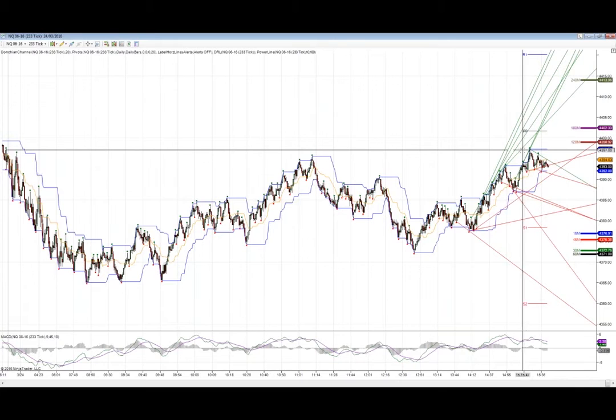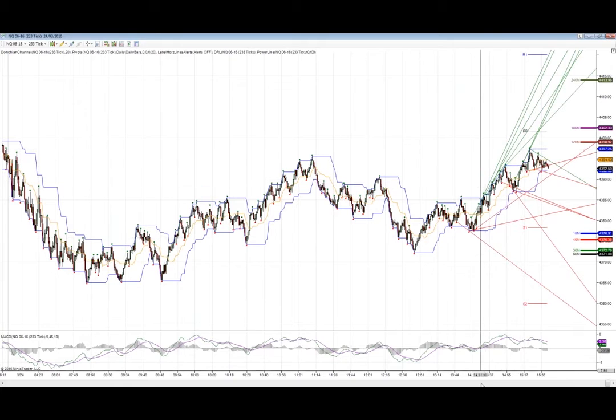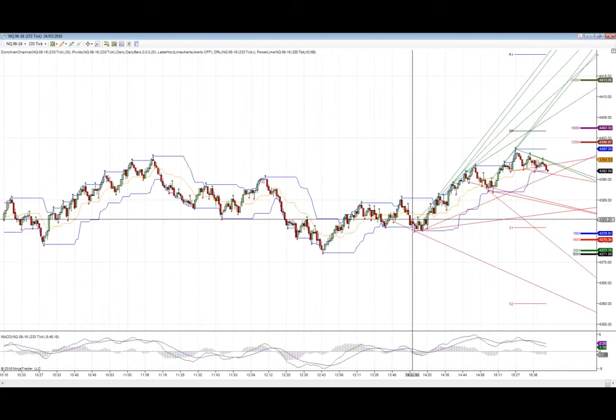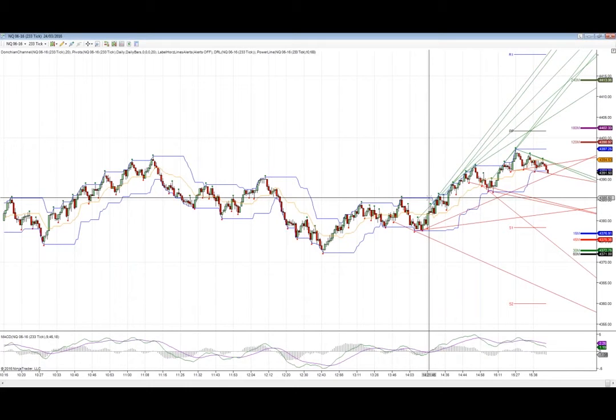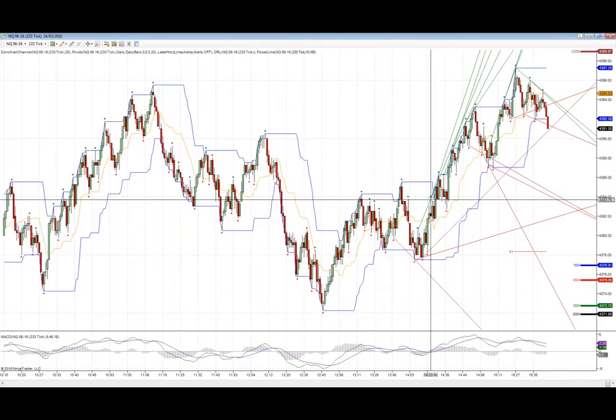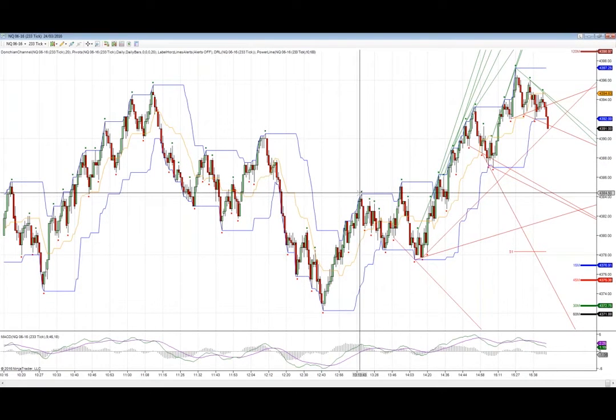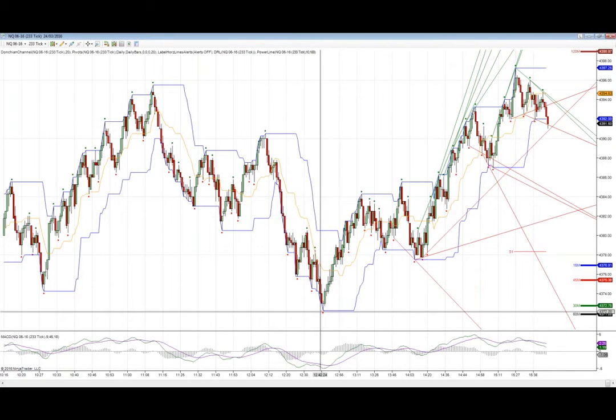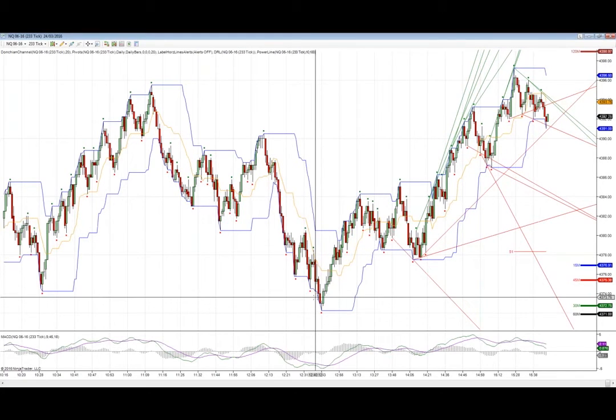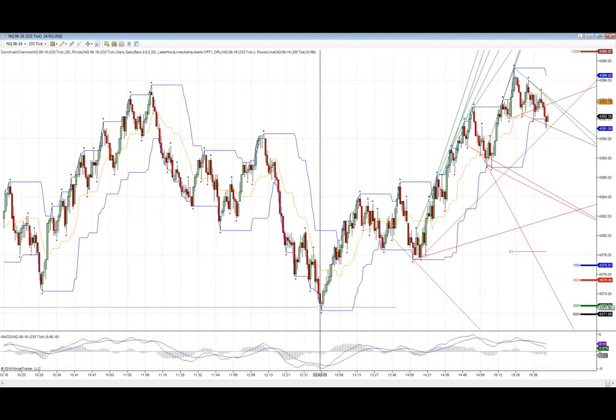Besides the DRL, the PowerLines are another powerful indicator that we use. The PowerLines are created when we connect fractals. Anybody familiar with fractals? A fractal is when you have a candle top followed by two candles on each side, at least two candles that closed lower, or a bottom when you have two candles on each side, at least two candles that closed or opened higher, right here.